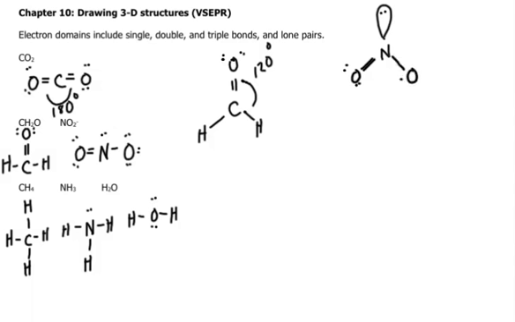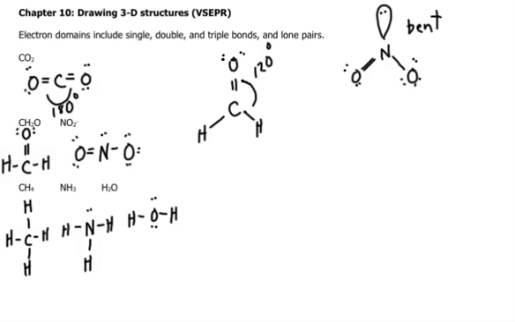And again, this electron geometry is called trigonal planar. The molecular geometry for this NO2 minus, however, is going to be called bent, because molecular geometry focuses only on the position of the atoms, not on the position of the electrons.